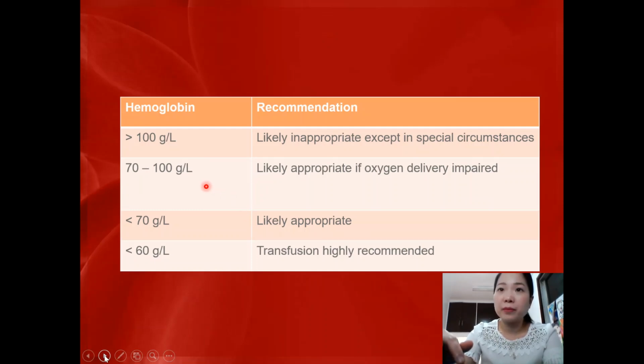And again, if at 70 to 100 grams per liter or 7 to 10 grams per deciliter, but you're presented with an elderly patient with a lot of comorbidities, then you have to target at least a hemoglobin of 10 grams per deciliter. You have to transfuse right away.